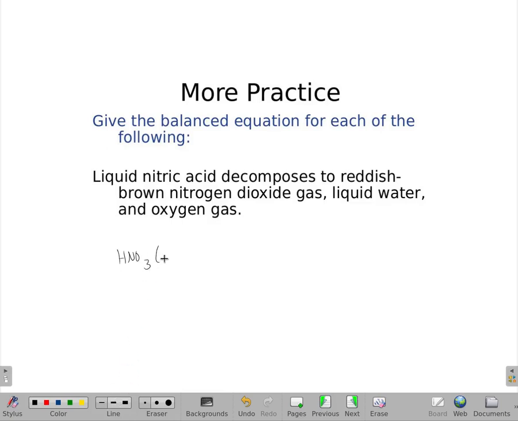And liquid, so it's actually better to call that aqueous, because HNO3 is dissolved in water. All right, that decomposes to a reddish brown nitrogen dioxide, NO2 gas, liquid water, H2O liquid, and oxygen gas, O2 gas.